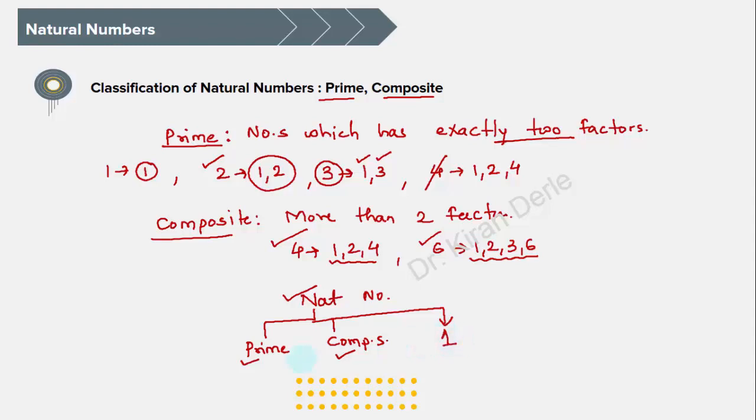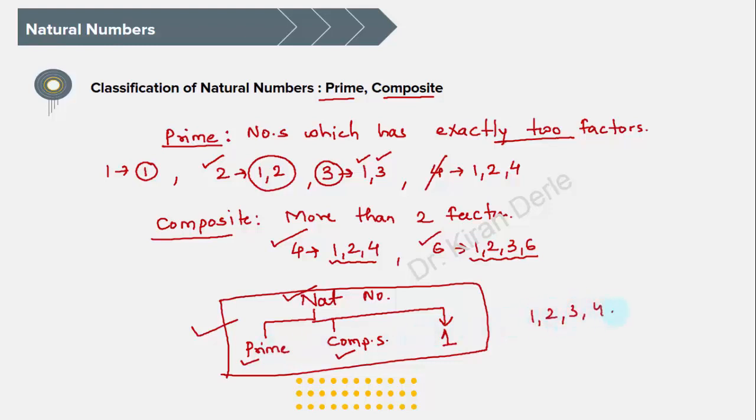Because 1 does not have exactly 2 factors and does not have more than 2 factors, so 1 is neither prime nor composite. This is how we can categorize natural numbers as well. So in this, all natural numbers will be covered. 1 covered, 2 is prime, covered, 3 is prime, covered, and the rest will be covered as composite. Hope you're understanding this point, right?